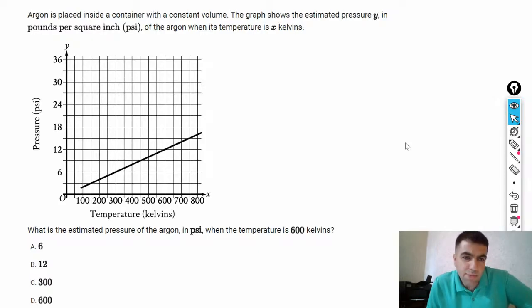What's the estimated pressure of the argon in PSI when the temperature is 600 kelvins? Okay.